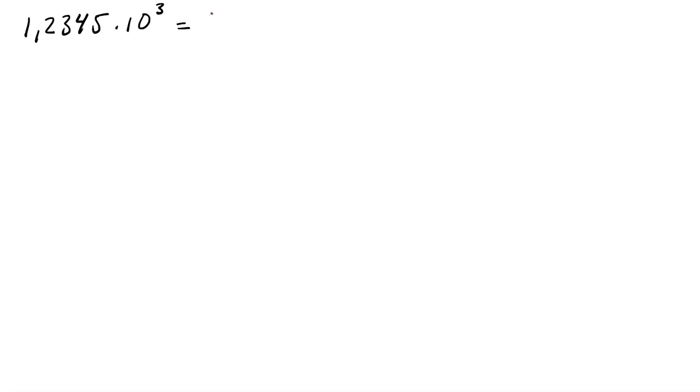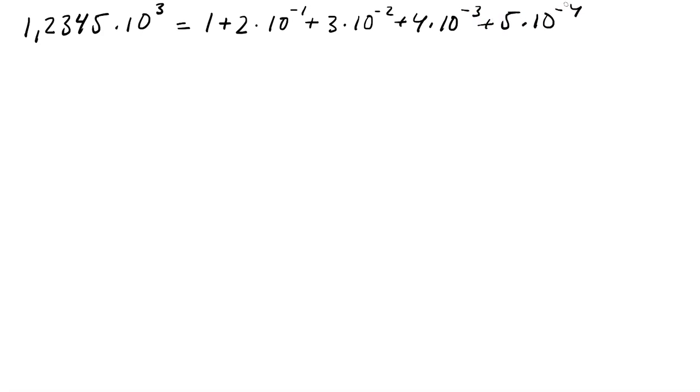And if we write this in our base 10 positional system, this would be 1 plus 2/10. But let's instead write a tenth as 10 to the minus 1, and then we have 3 times 10 to the minus 2, 4 times 10 to the minus 3, and 5 times 10 to the minus 4.